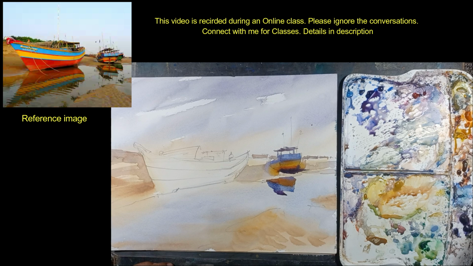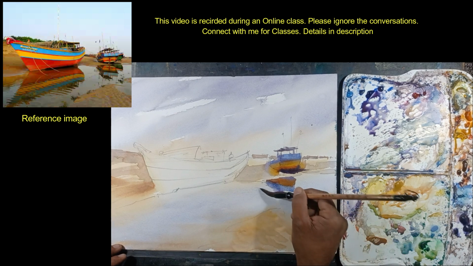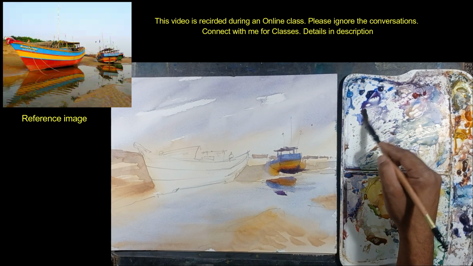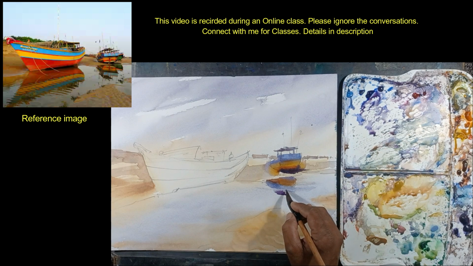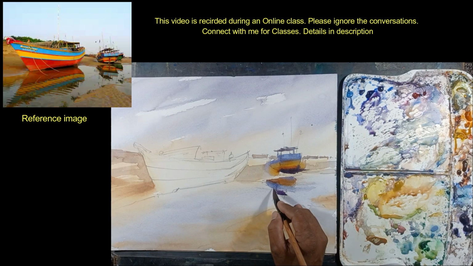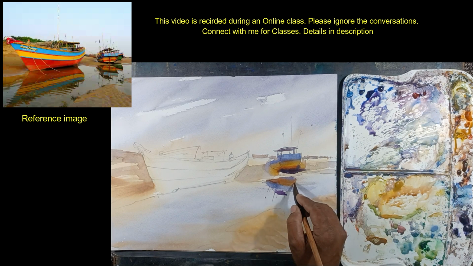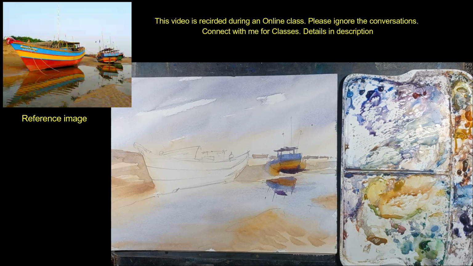And we will just use some damp brush to give a little bit of stroke, like that, just to make it feel like it's a reflection. Also a few masts and poles, like this.